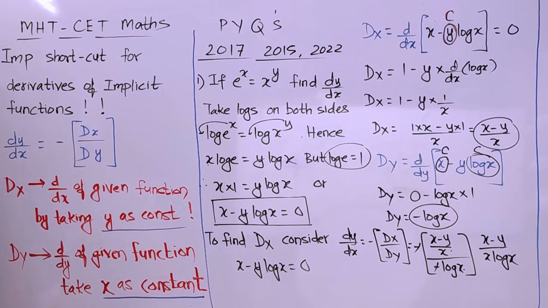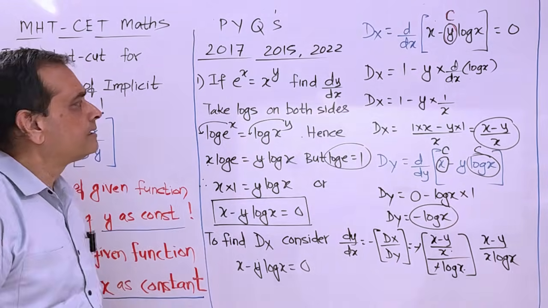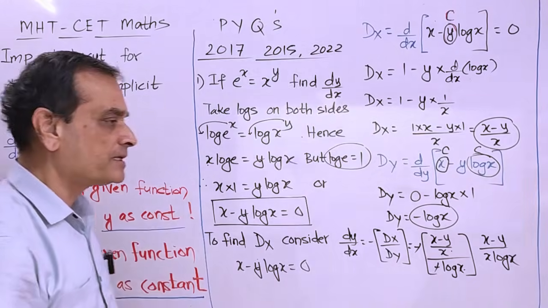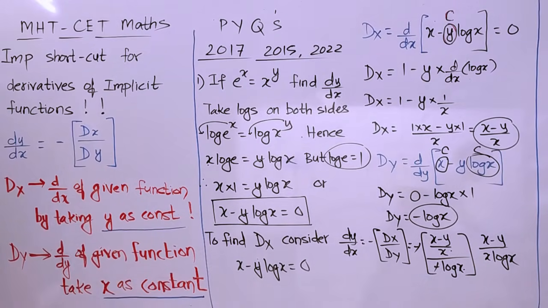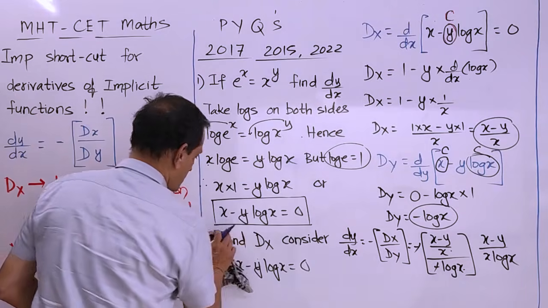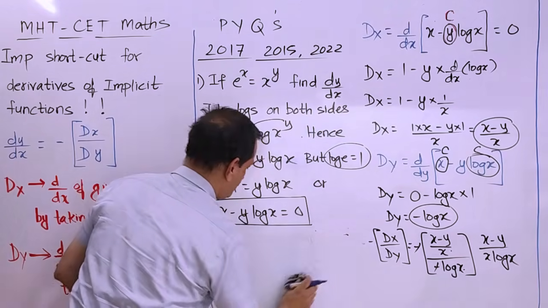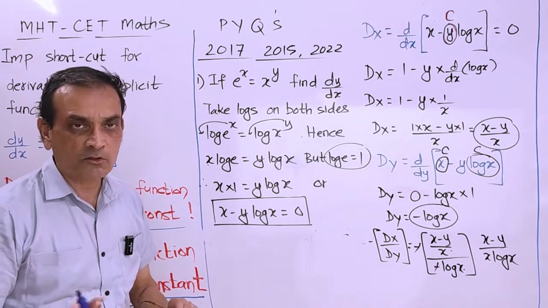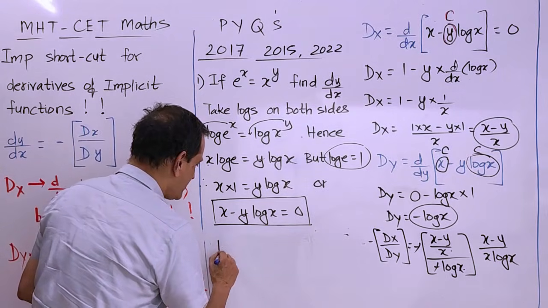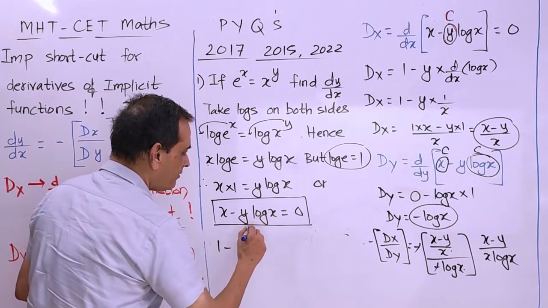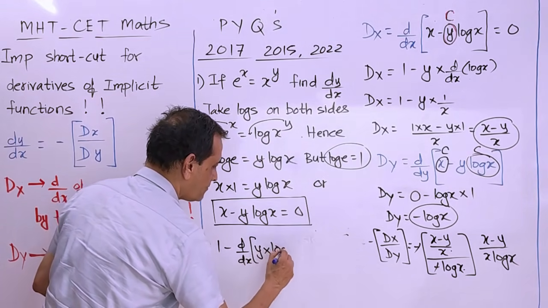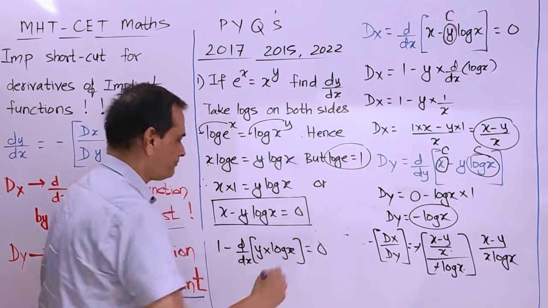Followed? Okay. Now if we don't take this formula, in the board exam we didn't know the formula, so which method did we use? Usual method, differentiate with respect to x, no constants to take. Derivative of x is 1 minus derivative of d by dx of y log x equal to 0.